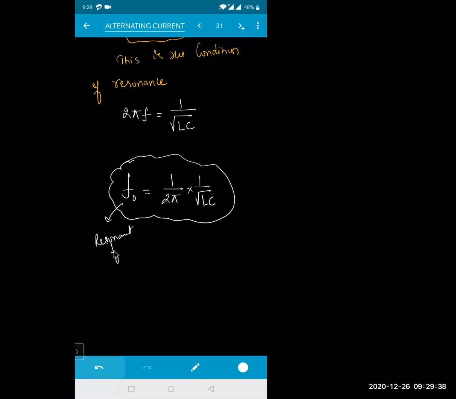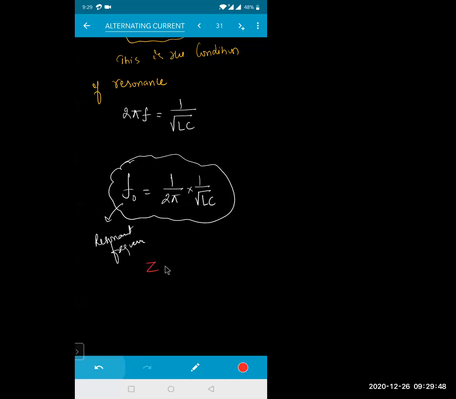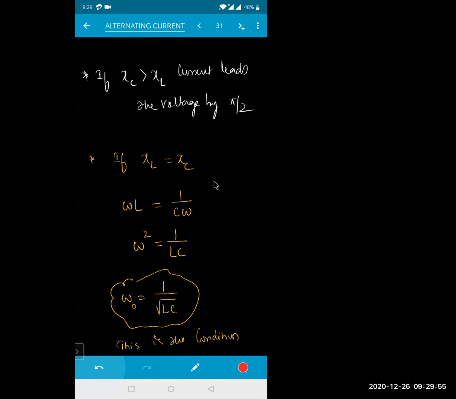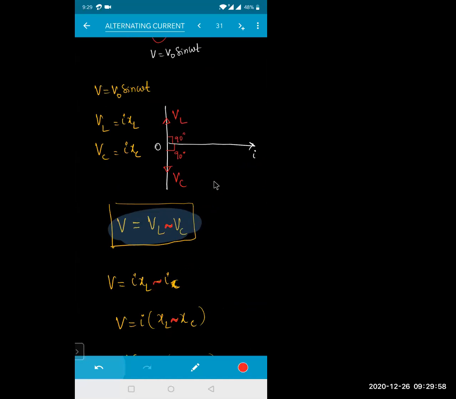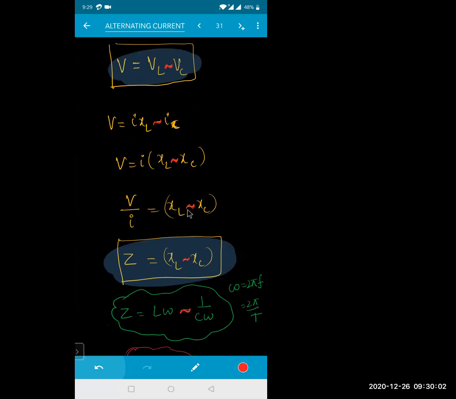What do you mean by resonant frequency? Resonance means that if inductive reactance is equal to capacitive reactance, then Z becomes 0 and the current becomes infinity. When XL is equal to XC, they cancel out, so the current will be infinity for the given potential, and the impedance will become zero.